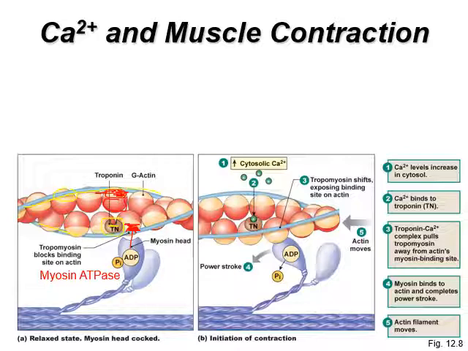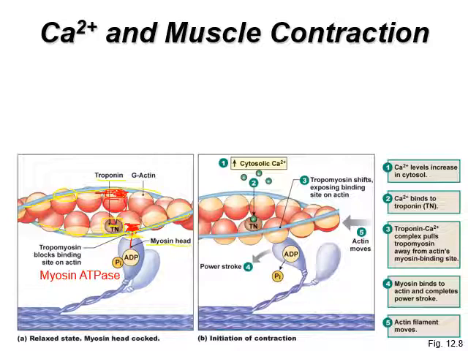That is tropomyosin. Tropomyosin interacts with troponin. Troponin binds calcium, but it also interacts with tropomyosin. You can see tropomyosin is covering up the site where the myosin head can bind. So when tropomyosin is in the way, the myosin head cannot bind.